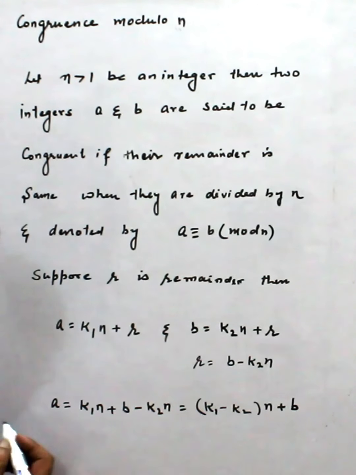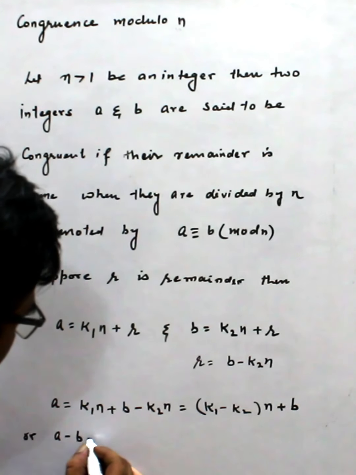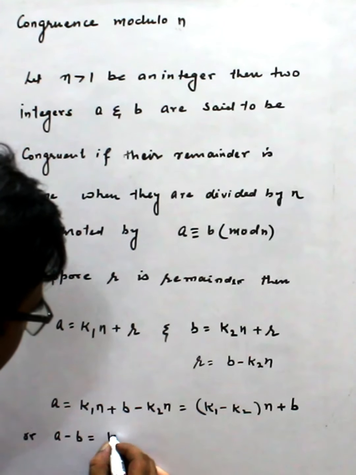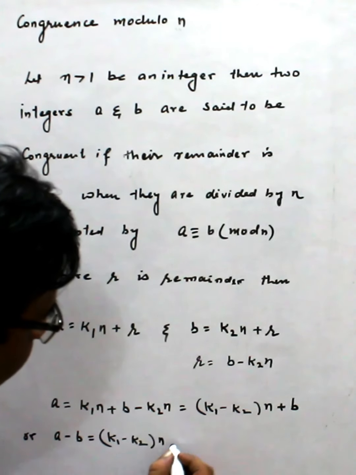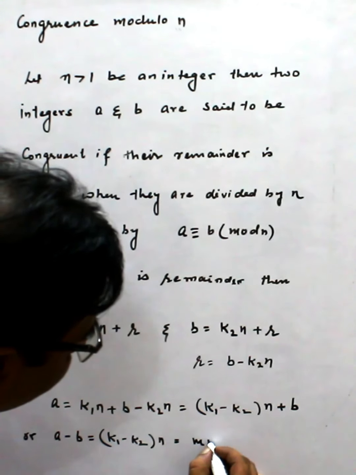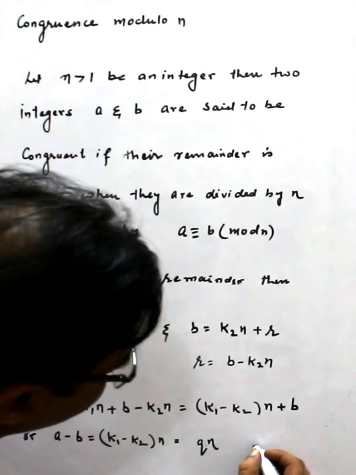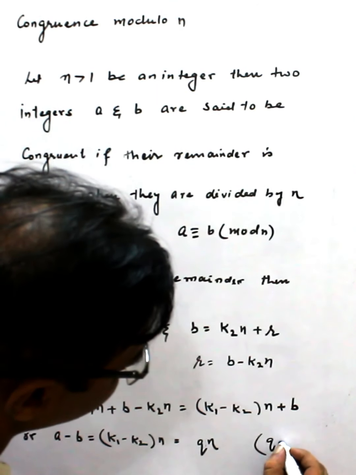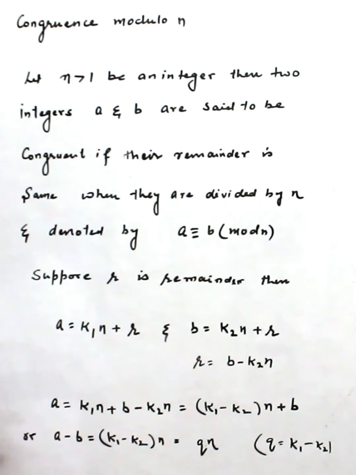That means I take this b across, or this can be written a minus b is equal to k1 minus k2 times n, or I write it as q n, where q is equal to k1 minus k2. That means the difference is completely divisible by n.